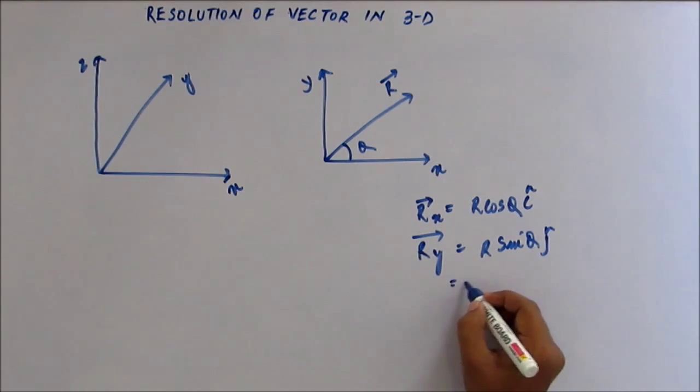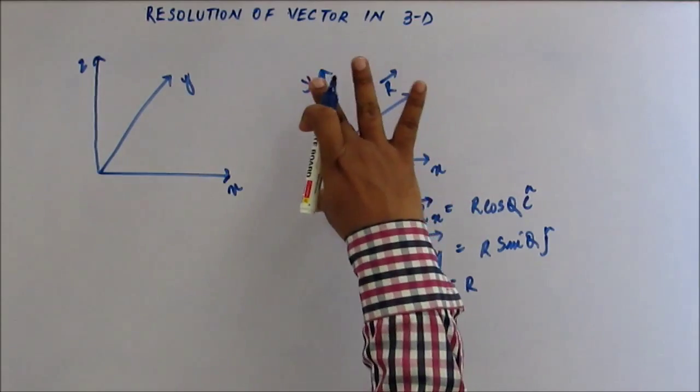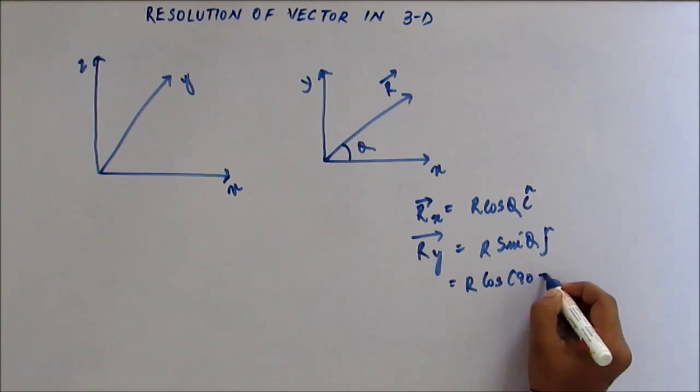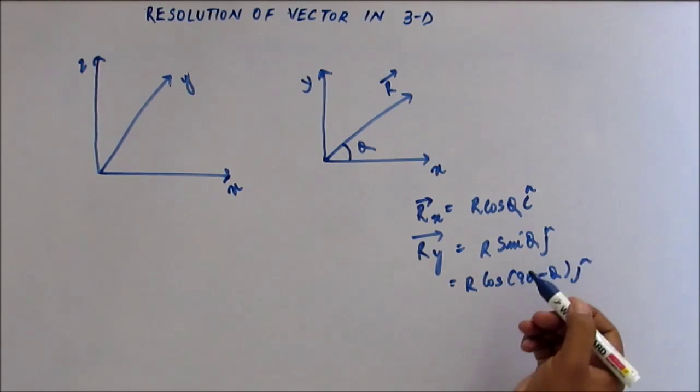This was because the angle which this vector makes with the y-axis is 90 minus theta, so R cos 90 minus theta is actually sin theta.